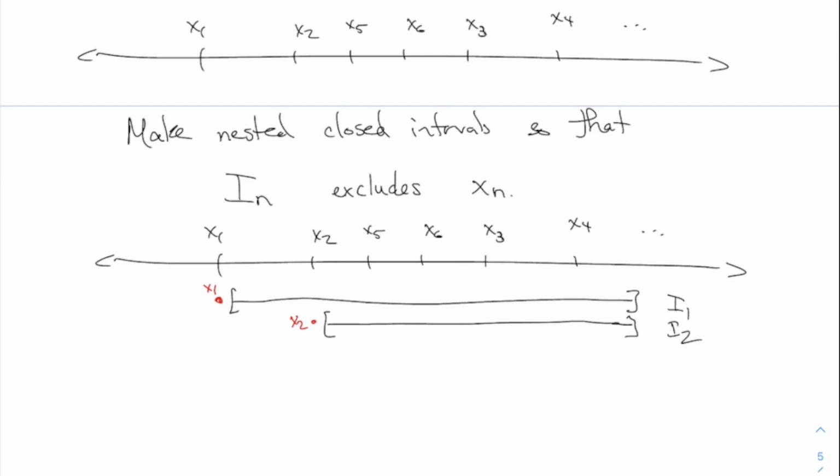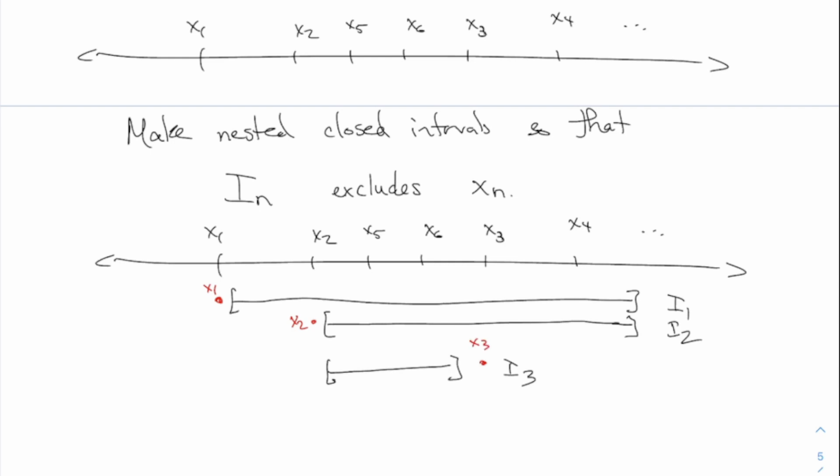You keep on shrinking the interval like that, so that in each step you shrink it down so that it omits whatever point you're talking about. For the next step, I need to shrink this interval down so that it omits x3. There are many ways you could do that, but maybe I'll do it this way. This one is I3, which excludes x3, right there.